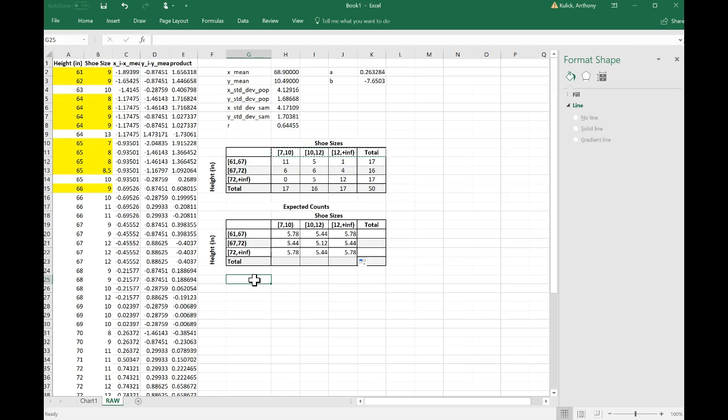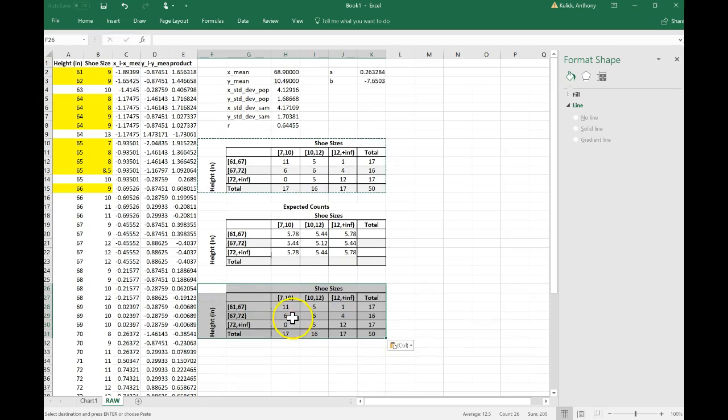Going down my list, I have more to do. So I need to do distribution percentages. That's going to be the next thing that I do. To do the marginal distributions, I'm just going to copy this table here.